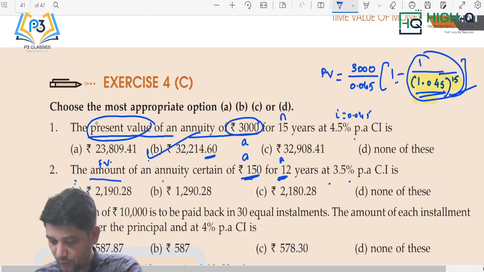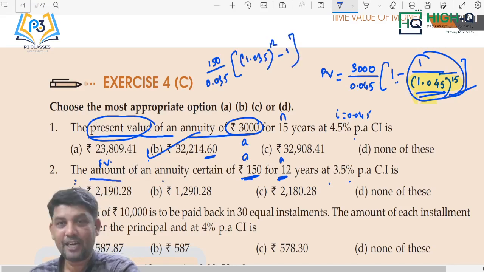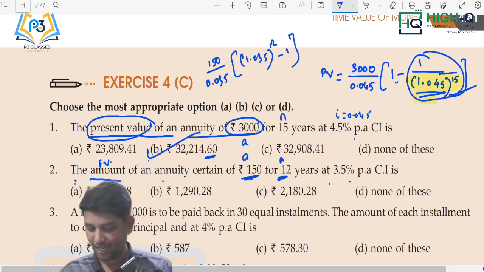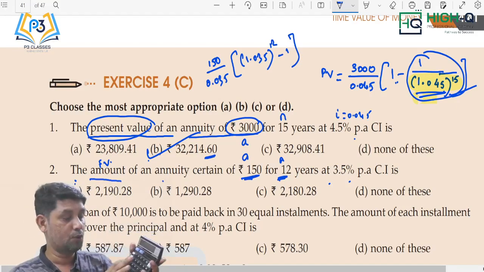So in one line, what are you going to do, my dear? A by I, 150 divided by I, 0.035, into 1.035 whole power N, minus 1. Can we use the same calculator logic? First, you have to start with 1.035 whole power 12.